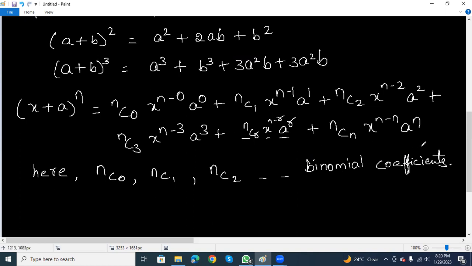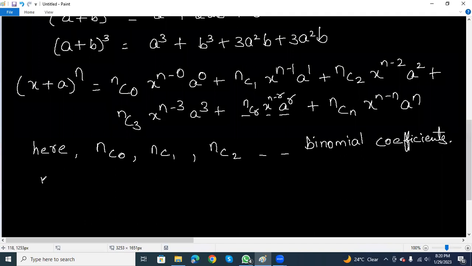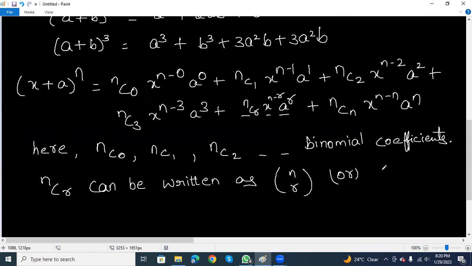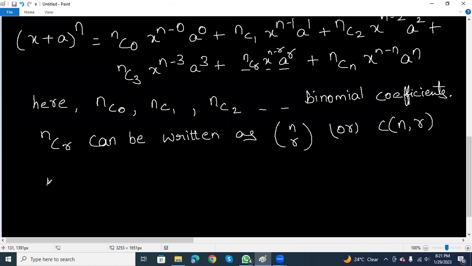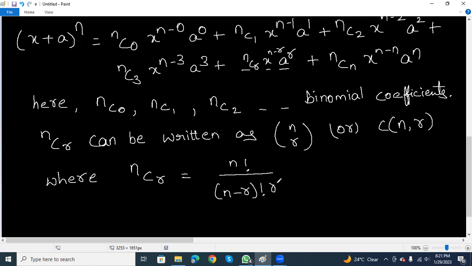So the term NCR can be written as NCR, or also as C of N comma R, where NCR is equal to N factorial by N minus R factorial into R factorial.